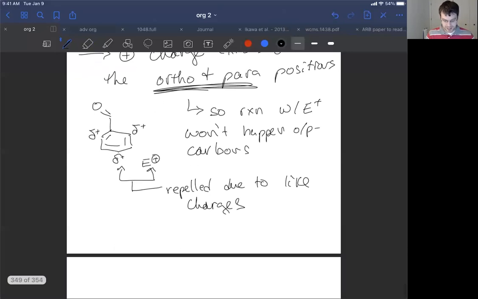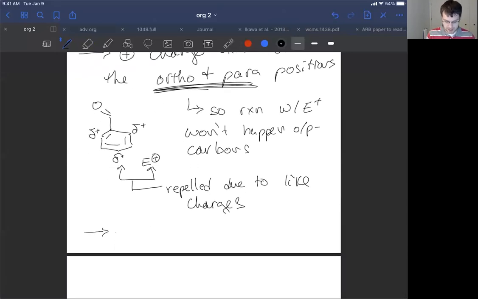Now, what this means is that if a reaction must occur, like if you really force it, and this is going to require more kind of assertive conditions than you would use for benzene by itself.